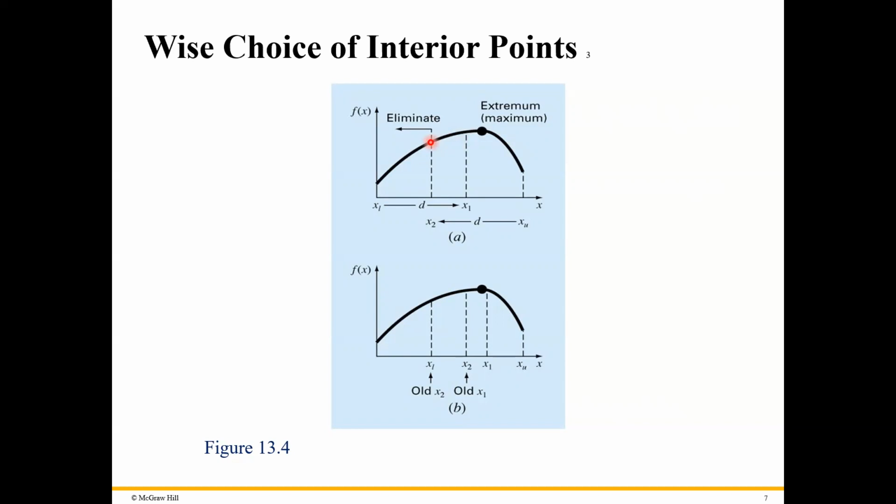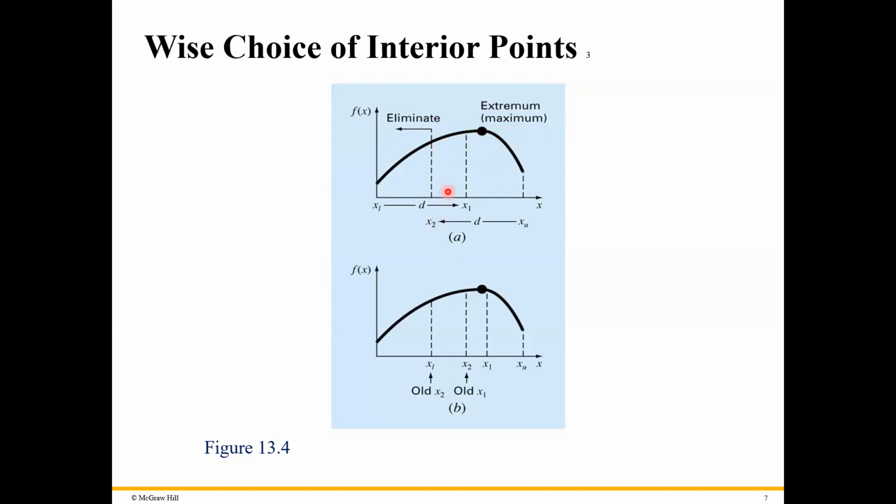If the function is increasing from x2 to x1, then for the second trial our value of xl will become equal to the value of x2. That means this area will be eliminated for our next trial. Because the function was increasing, this also gives us the idea that the maximum of the function will be found towards the right side of this section.